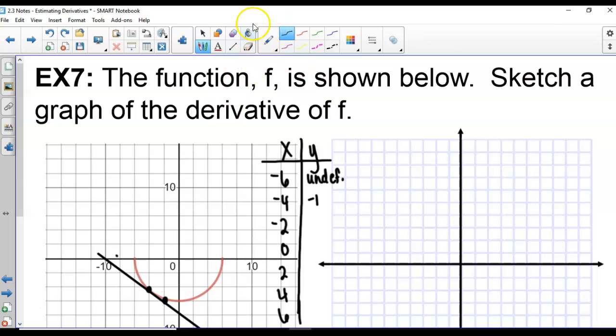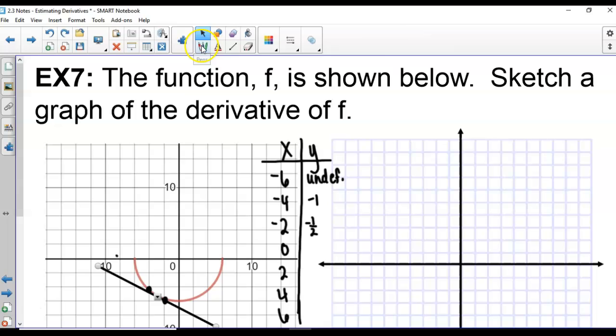This one, I'll use that same line and move it. This one's definitely not as steep. Maybe -1/2. Does that sound okay? We're estimating, as long as you put a number that's lower than this and still negative, that's fine.